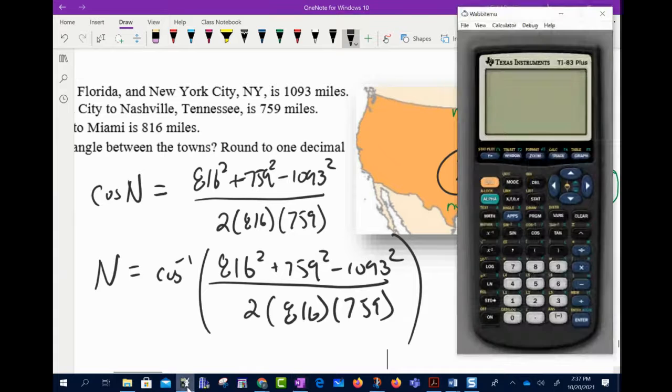Alrighty, so let's see if we can get this thing to work. Turn it on, clear it out. First thing I'm going to do, cosine inverse.